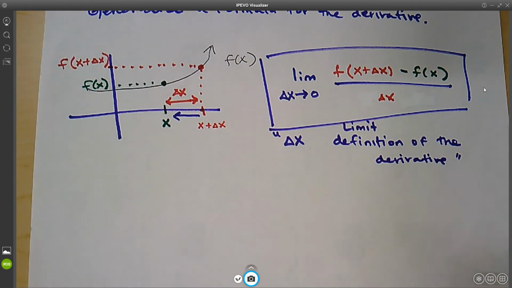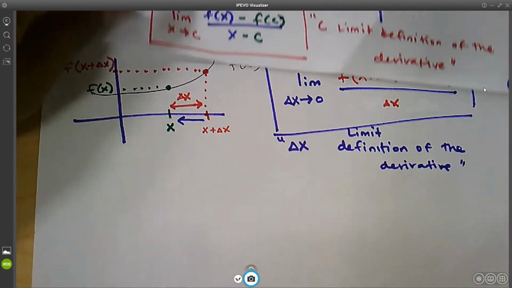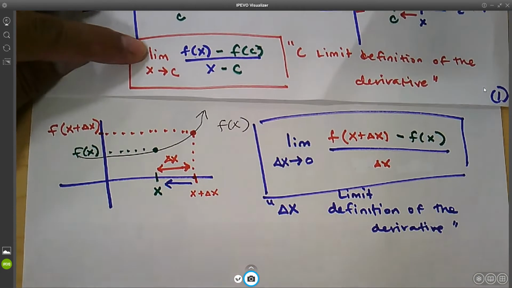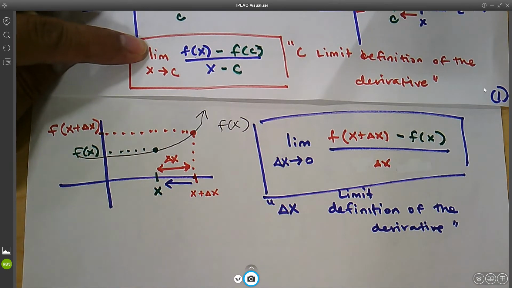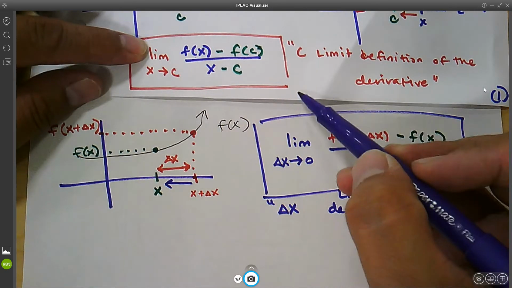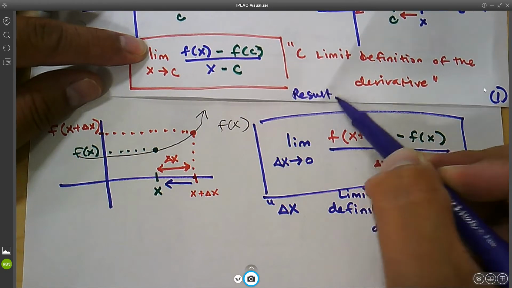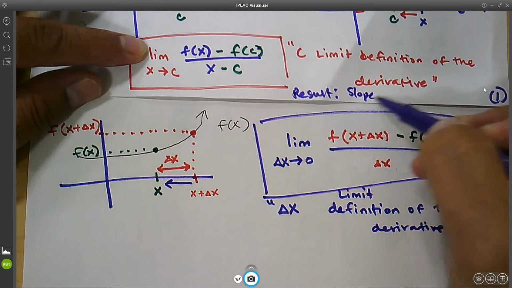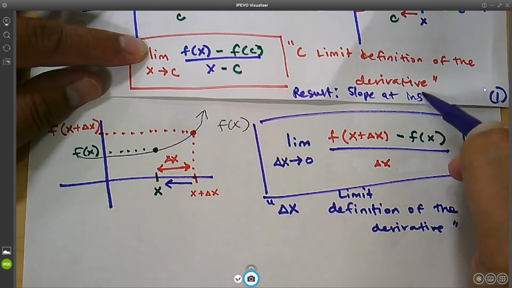What's different between this one and the other one is that the other one, the limit definition of the derivative at a point, finds the slope at an instant. Let's remind ourselves.